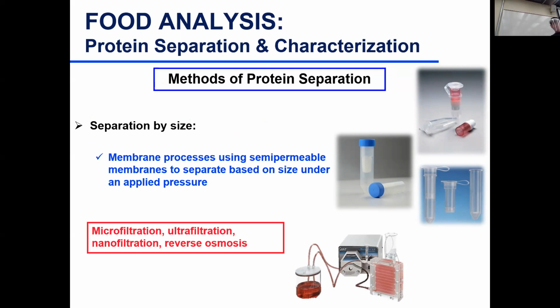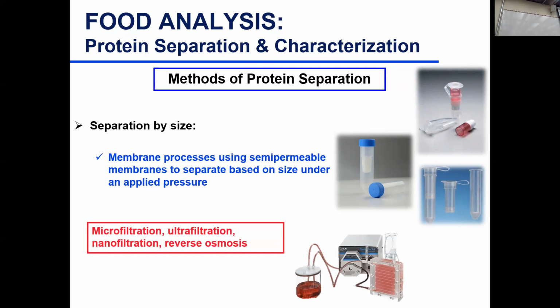Here we have different techniques that we use either on a small scale or a large scale. If we are working in a lab on a small scale and want to separate proteins based on size from other constituents that could be smaller in molecular weight, we use special centrifuge tubes that have membranes in the middle. These membranes have different pores, and the size of the pore can be controlled.